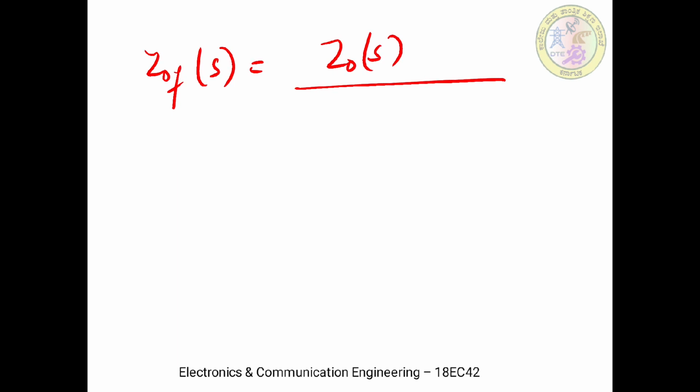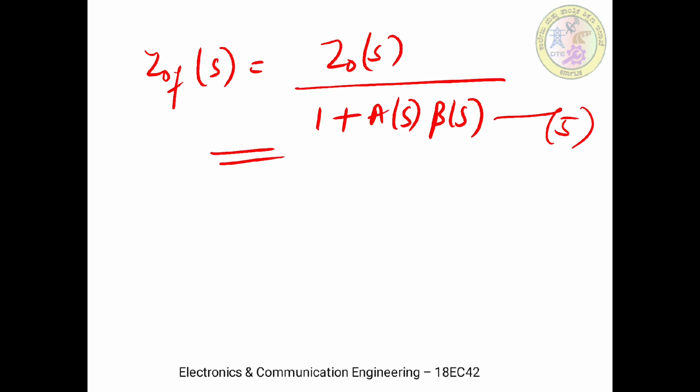In general we can write the ZOF, the output impedance in presence of feedback, as equal to ZOS by 1 plus A of S into beta of S. Let us take this as equation 5.